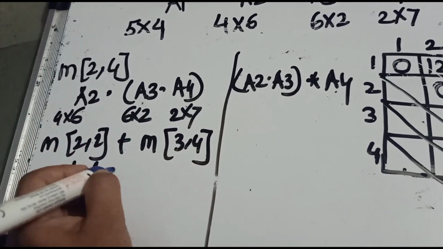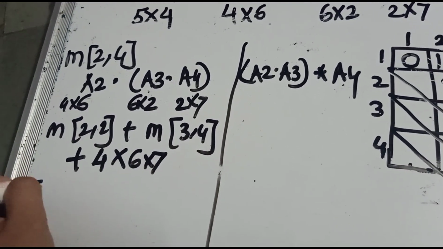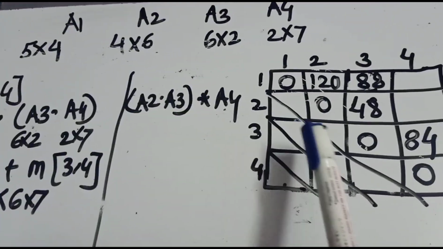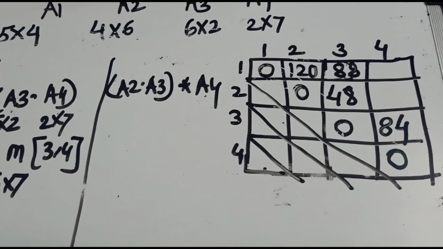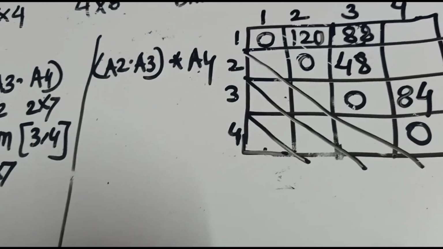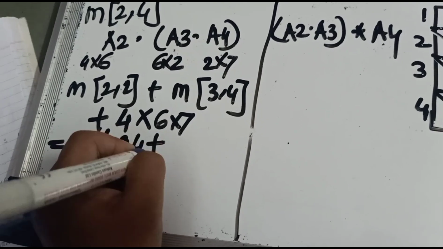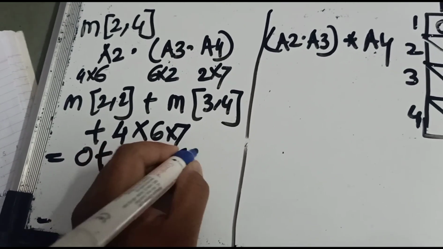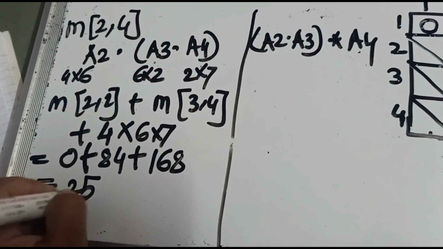Again 6 is common: 4 into 6 into 7. M of 2 comma 2 is 0, and M of 3 comma 4 we already have, it is 84. This multiplication is 168, and we are getting the result as 252.